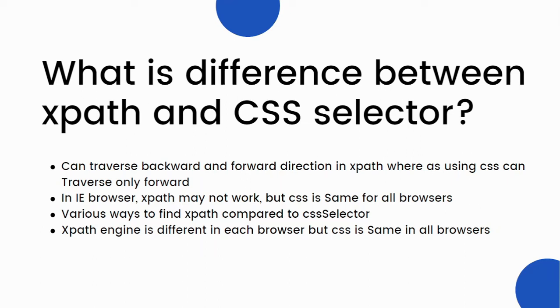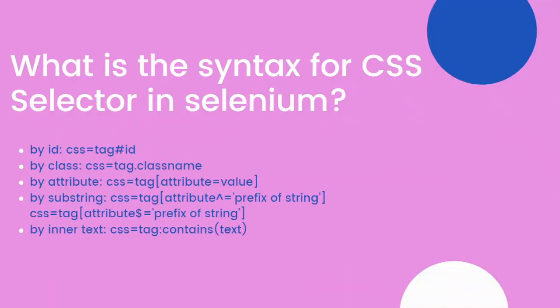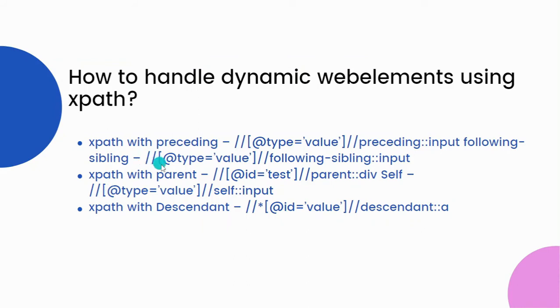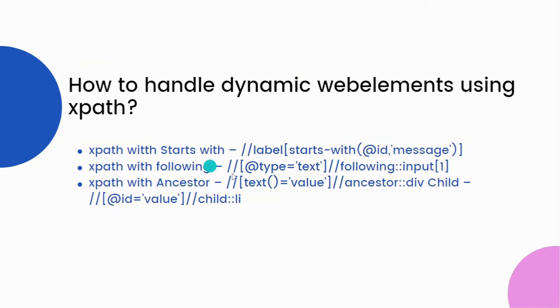But the main difference is that using the Xpath, you can go forward and backward. In the previous slides, we have seen, using the parent tag, the ancestor tag and the following tag, we are traversing forward of the web element and backward of the web element.